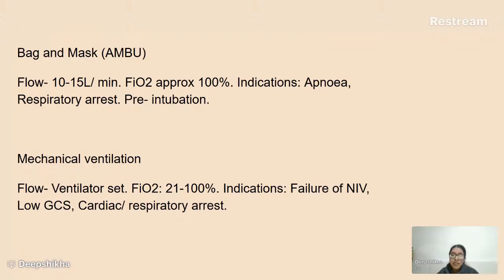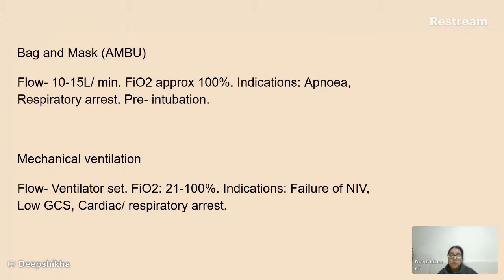Two other types of giving oxygen therapy are your bag and valve. Essentially, with these two options you have to mechanically ventilate and give the patient the oxygen yourself. It's not a constant device that gives them the oxygen. With bag and mask, your ambulatory oxygen is attached to the bag, and you're pressing the bag every 6 seconds and manually giving the patient oxygen.